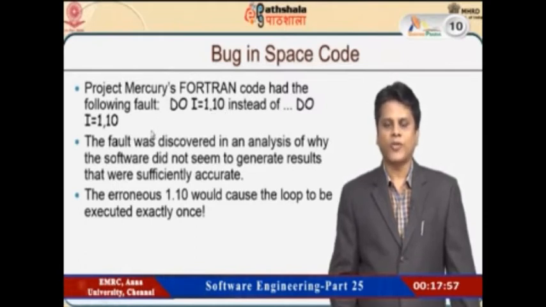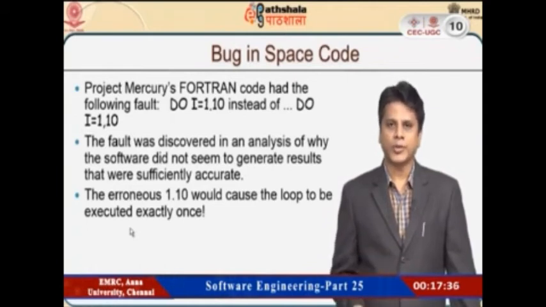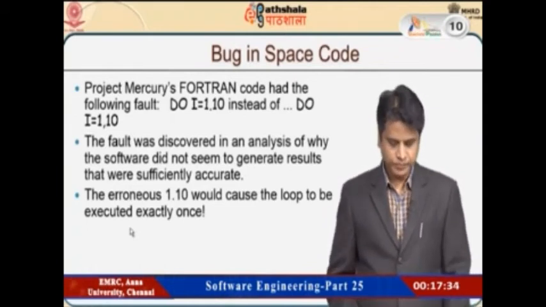So because of this fault, in an analysis of why the software did not seem to generate results that were sufficiently accurate, the erroneous 1.10 would cause the loop to be executed exactly once instead of 10 times. The software has executed this particular loop only once.